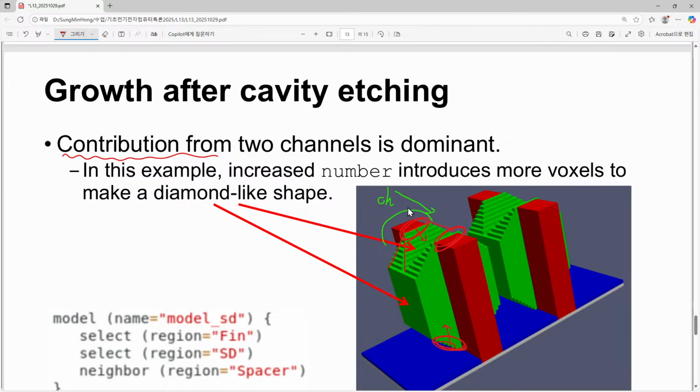However, since the contribution from this side and that side is dominant, now we have a certain variation along the channel direction.